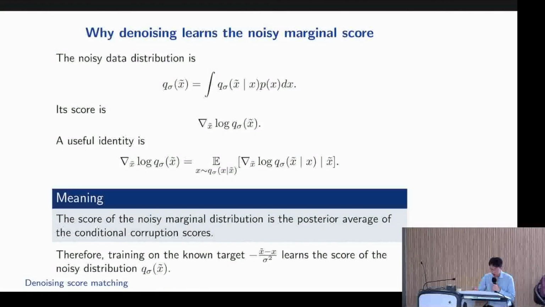Okay, so we define the conditional distribution, just adding Gaussian noise. So what is the noisy data distribution? Q of x tilde is, by definition, just integrating out P of x from the joint, from the conditional. So what is the score function of the noisy data distribution Q of x tilde?